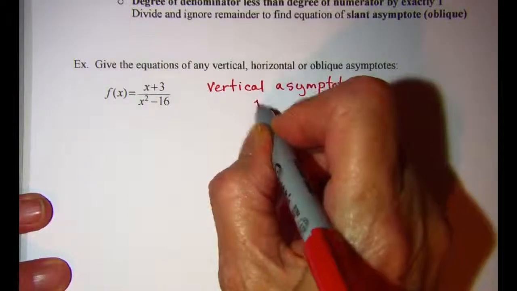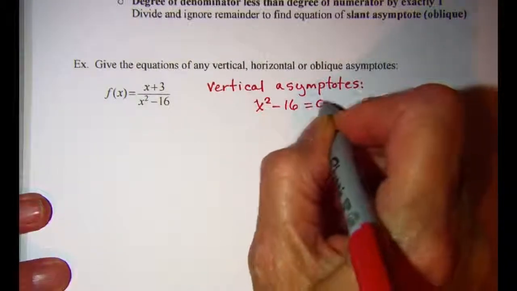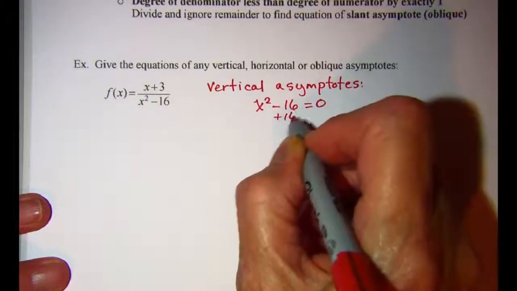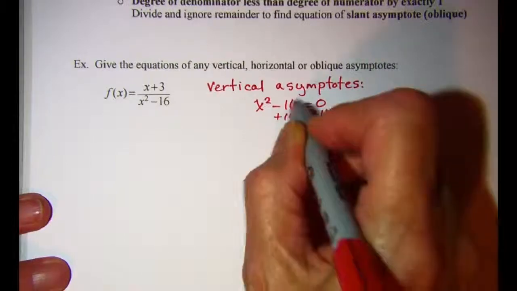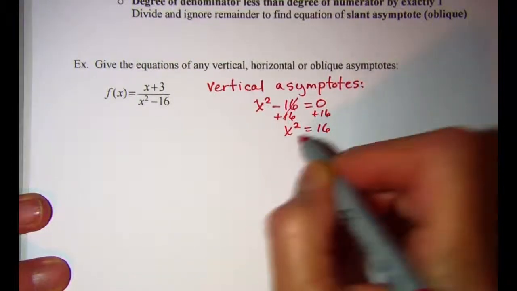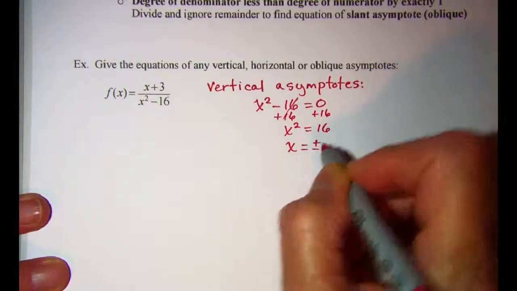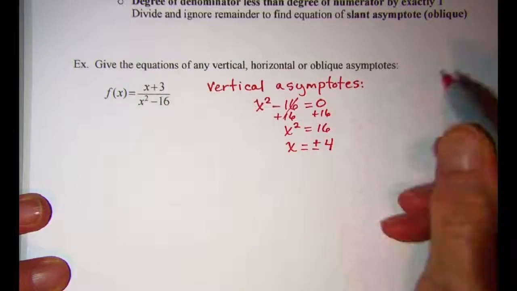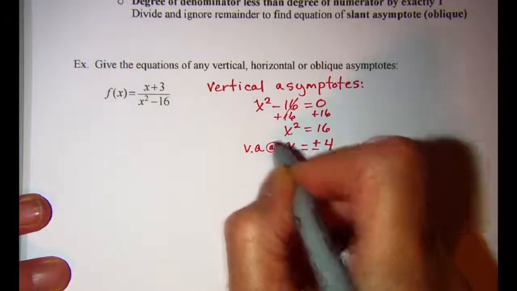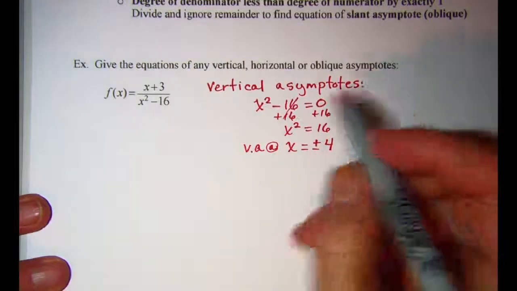So we have x squared minus 16 equals 0. We can add 16 to the other side. We have x squared equals 16. Square root both sides, so x is equal to plus or minus 4. So we have vertical asymptotes at x equal positive 4 and x equal negative 4.